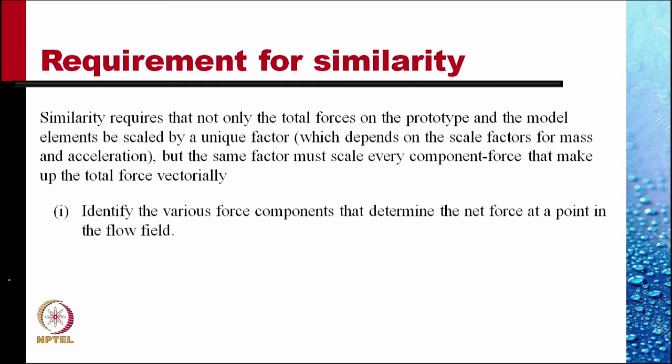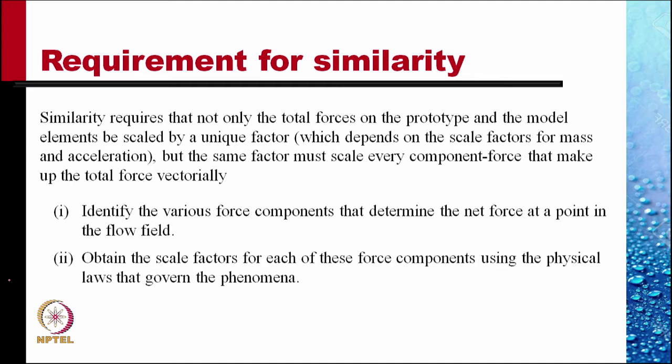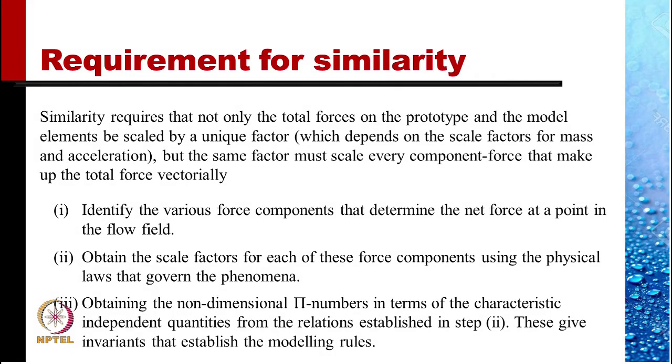So, for this, we identify the various force components that determine the net force at a point in the flow field, obtain the scale factors for each of these force components using the physical laws that govern the phenomena, and obtain the non-dimensional pi numbers in terms of the characteristic independent quantities from the relations established in the step above. These give the invariants that establish the modeling rules.